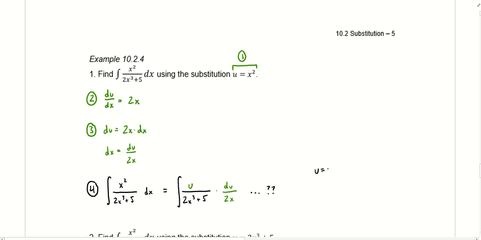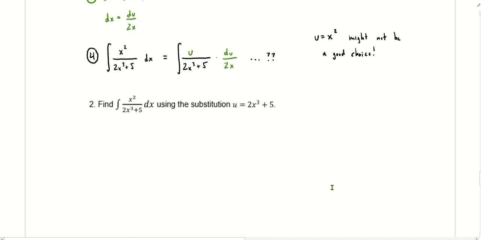So this u equals x squared that we were told to use might not be a good choice because it doesn't really help us do anything here. It doesn't simplify things, and that's the whole purpose of substitution, is making the integral easier to solve.